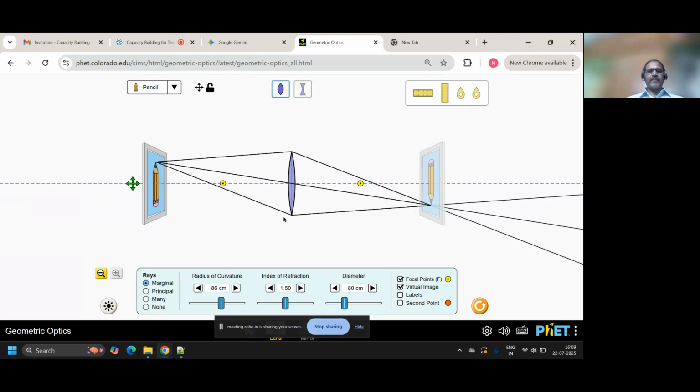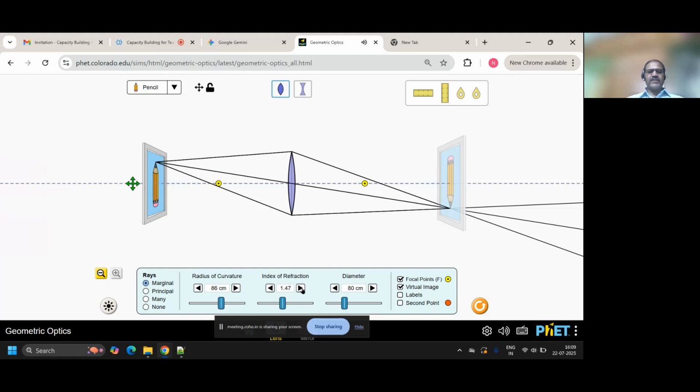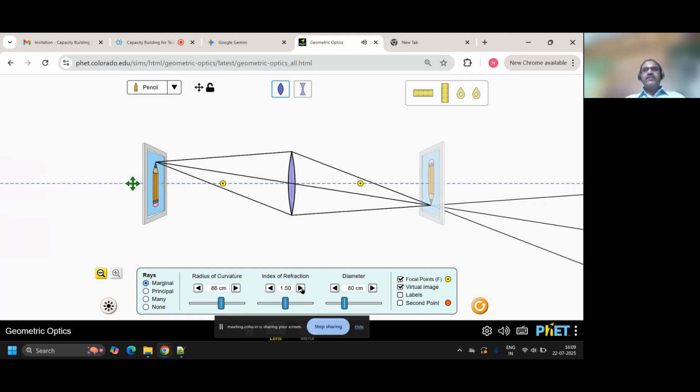In 2D it will be a circle, in 3D it will be a globe. Now again, the index of refraction may be different, because depending upon the material of the lens, the refractive index will change, right? Now let us start teaching again.